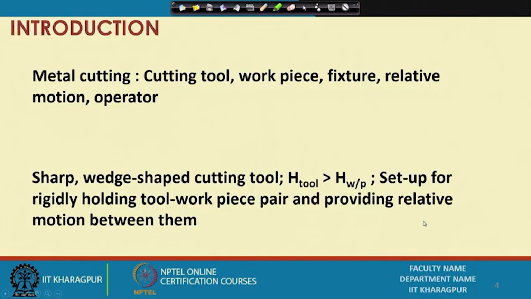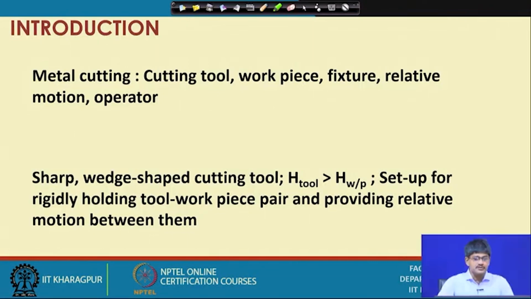Yeah. So, now we come to this particular aspect, that is, the sharp wedge shaped cutting tool. Now, we are giving more details about the cutting tool. The cutting tool has to be sharp, it has to be wedge shaped, and its hardness has to be more than that of the workpiece.